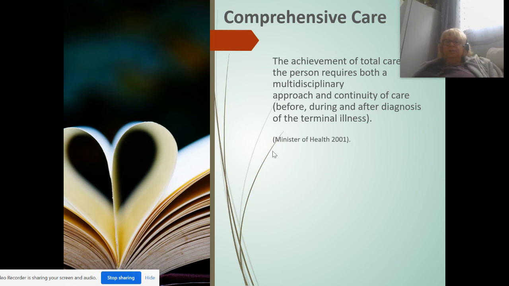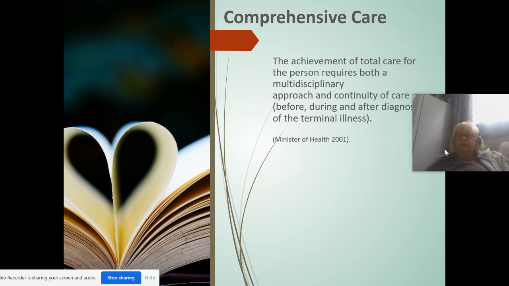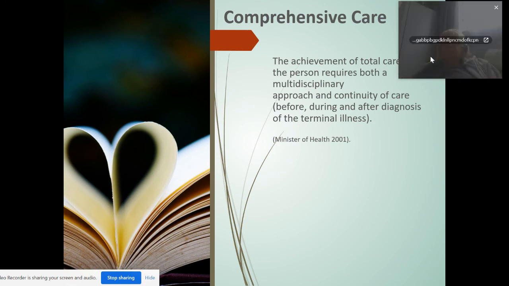Comprehensive care. The achievement of total care for the person requires both a multidisciplinary approach and continuity of care before, during, and after diagnosis of the terminal illness. Okay. So it's a multidisciplinary team effort when someone is dying. So you can have all sorts of people in there caring for this person.